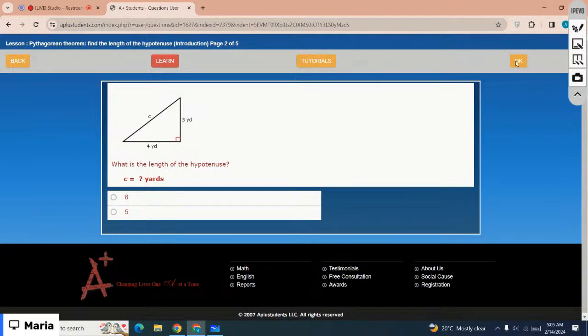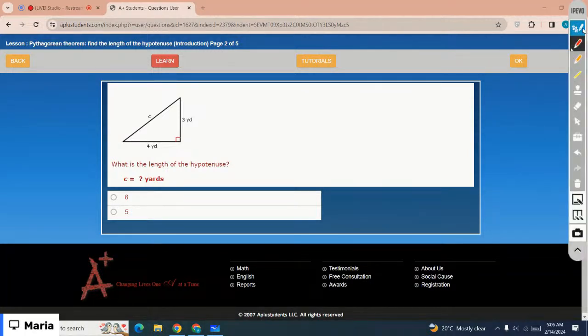Okay, the next one is, what is the length of the hypotenuse? Which is the correct option? Again, that is a right angle triangle. You have to apply the Pythagorean theorem, c square equals a square plus b square. A is 4, that is 4 square. B is 3, that is 3 square. 4 square is 16 and 3 square is 9.